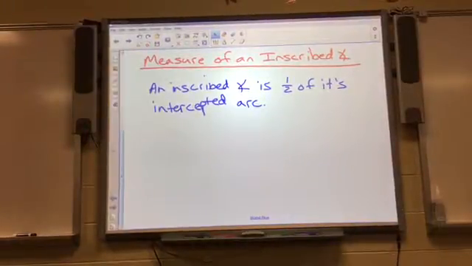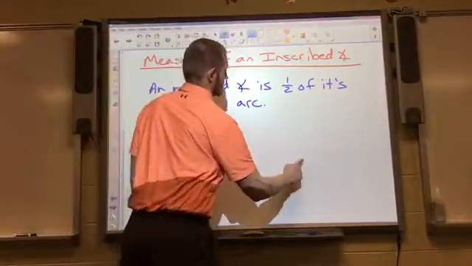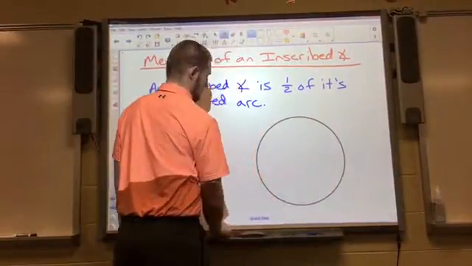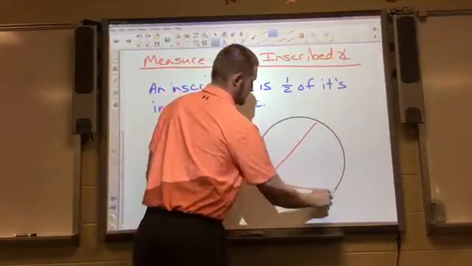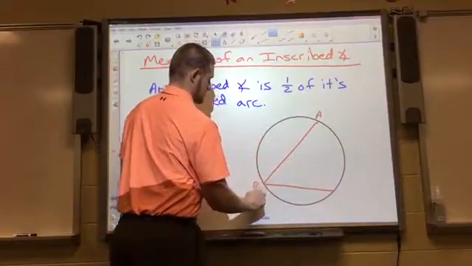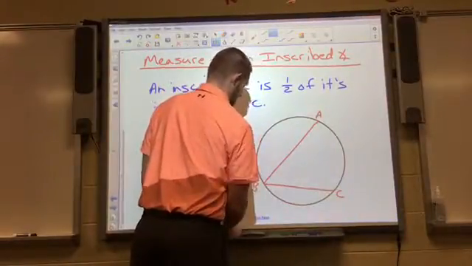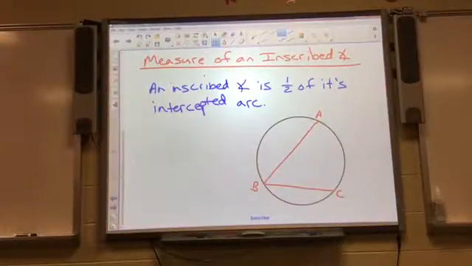An inscribed angle is 1/2 of its intercepted arc. So, if I have this, what equation could I set up to justify it or to match that statement?